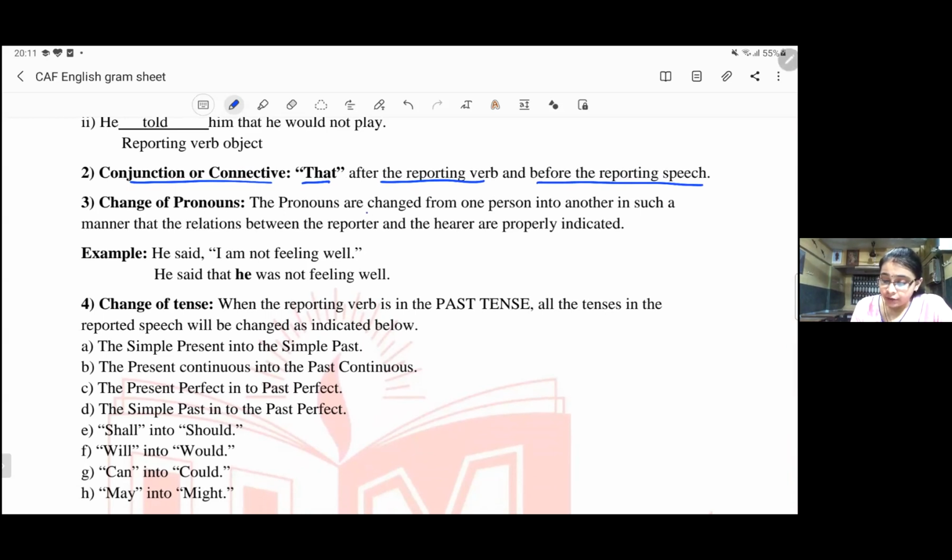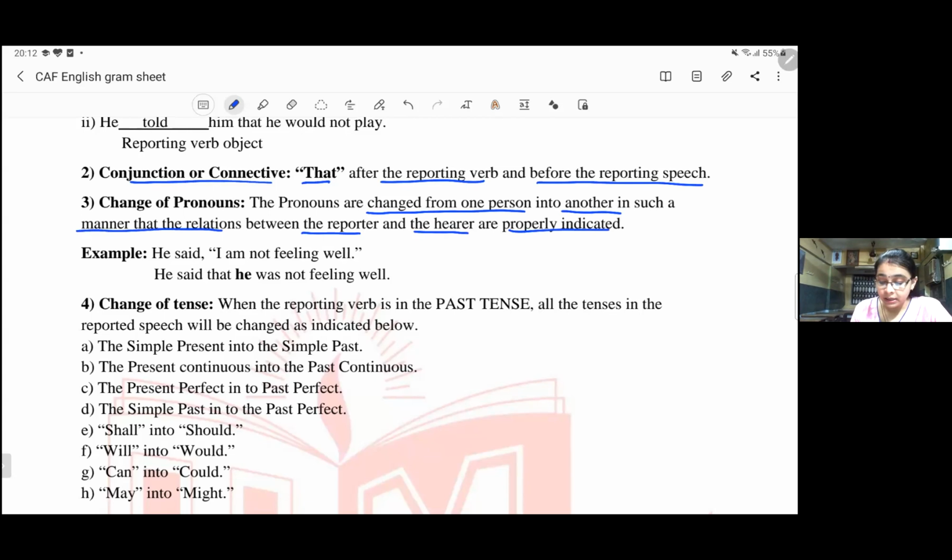Pronouns are changed from one person to another in such a manner that the relationship between the reporter and the hearer, meaning who is listening to me, are properly indicated. Example, you can see: he said, "I am not feeling well."